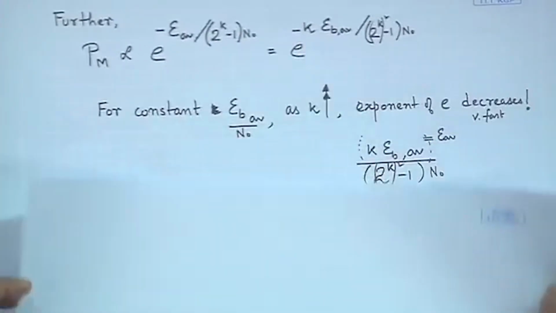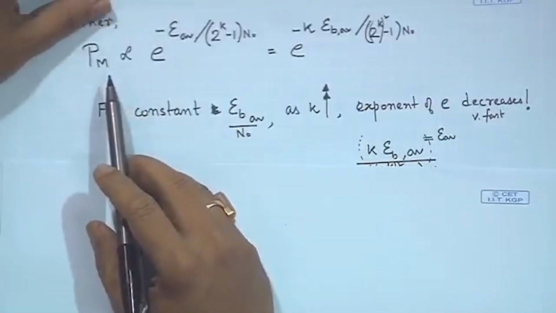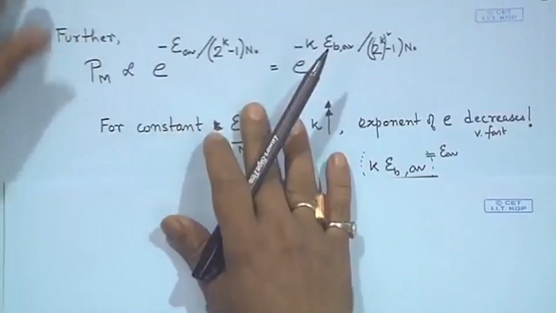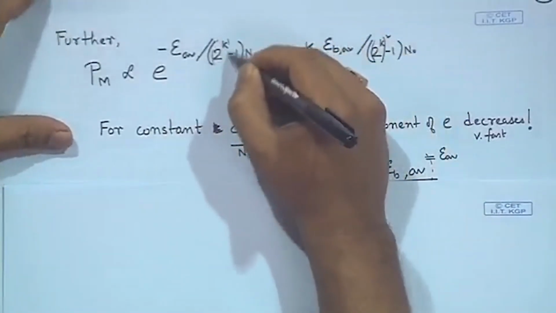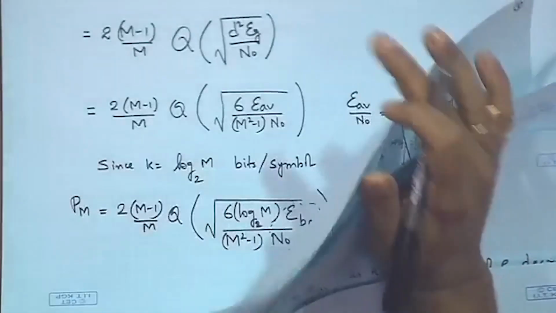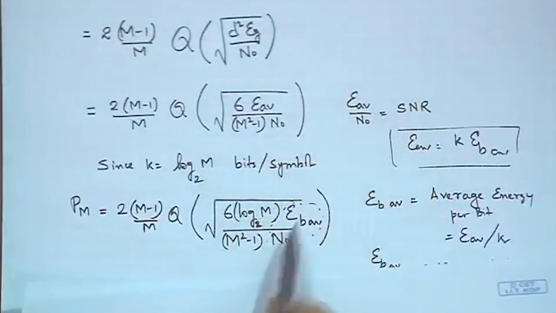Further, you can also note that the probability of error is proportional to e to the power of minus E_av upon 2 to the power of k squared. We have the term, because we have to look at the expression of error probability, which is here.